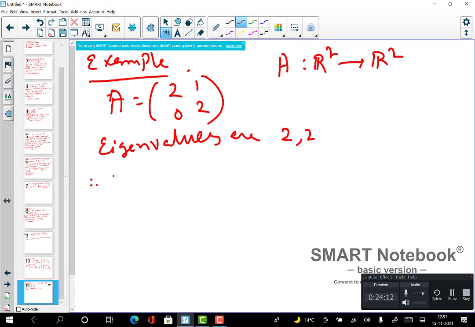And the characteristic polynomial of A is (x minus 2) the whole squared. And obviously you can check then what about the matrix A minus 2I.